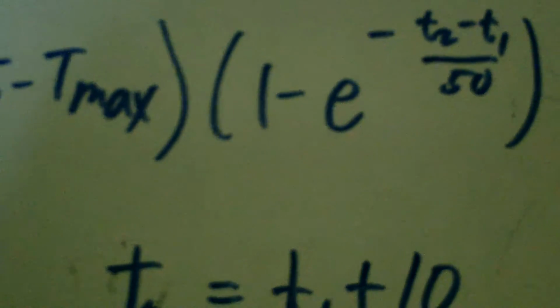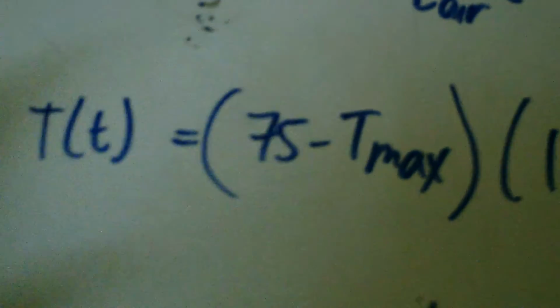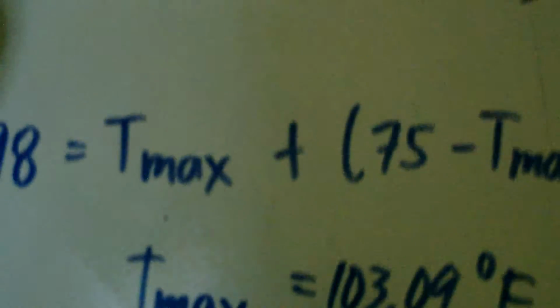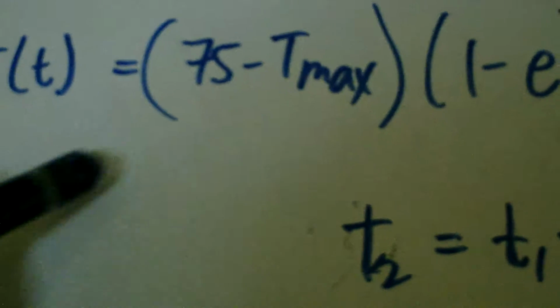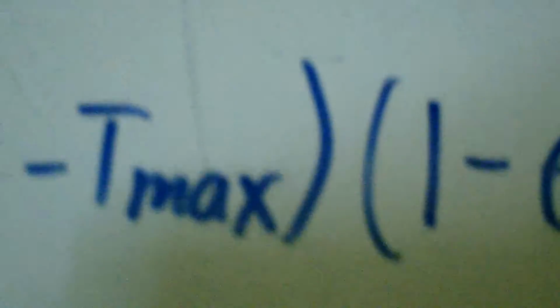Now let's solve this by using again the equation earlier, T of t equals 75 minus T max, with the expression added by T max.